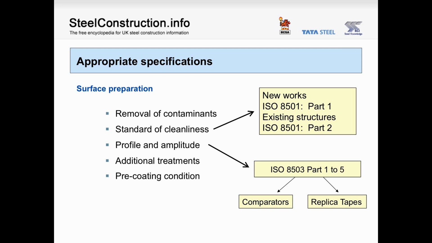The profile, whether it be coarse or angular, and a method of measurement, whether it be by comparators or replica tapes, should be included with the relevant standard. Provision should be made for the treatment of any surface irregularities, including weldments and cut edges, and finally, the surface condition immediately before coating is applied.